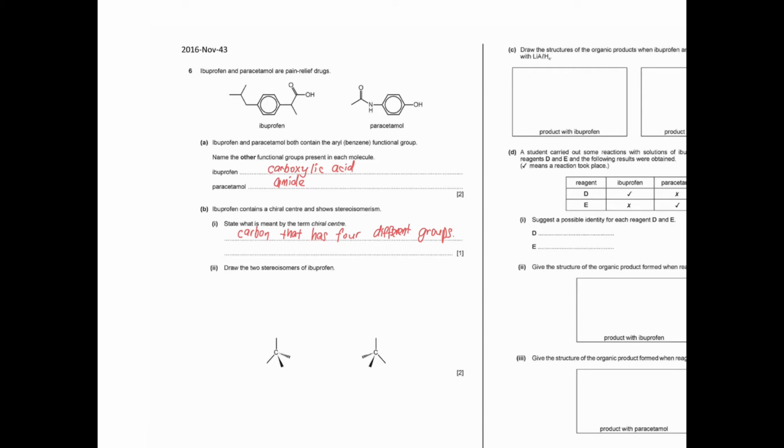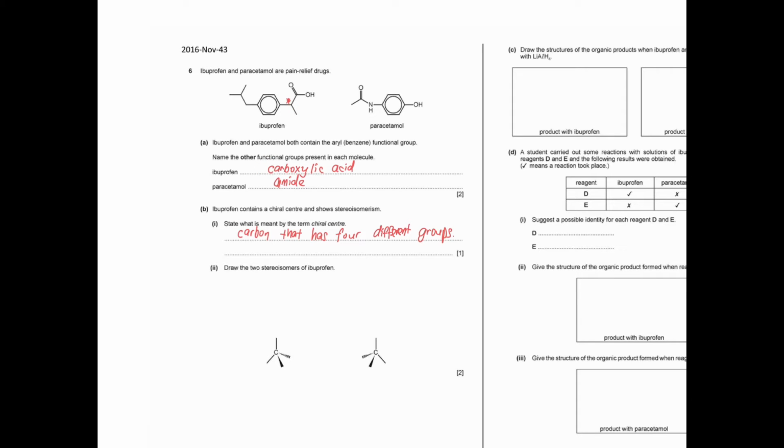Let's say I put a star there. This is a chiral center because this carbon is stuck to 4 different groups. The first one is C double bond O, OH. The second one is CH3. The third one is this structure with the benzene ring and side chain. And the fourth one is the hydrogen. So there are 4 different groups.